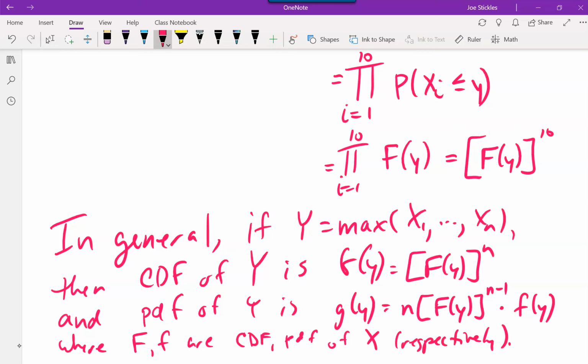And where again, your capital F and your little f are the CDF and PDF of x. Formulas look kind of similar, don't they? Yes. Yeah, look kind of similar.